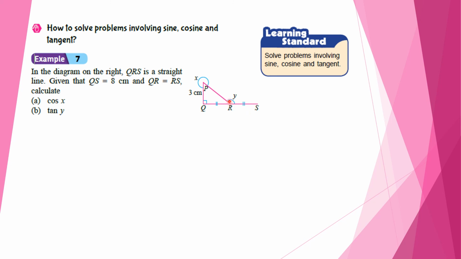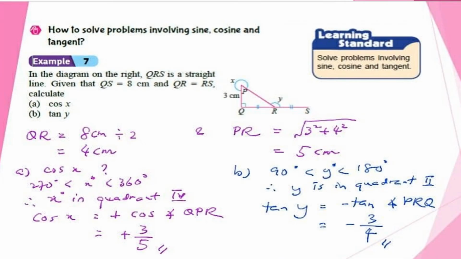And you know that the size of Y is in quadrant 2. The size of X is in quadrant 4. So let's look at how we are going to do this. First, QR and RS you have to know. Done. After that, you are asked to find cos X. Cos X is in quadrant 4.